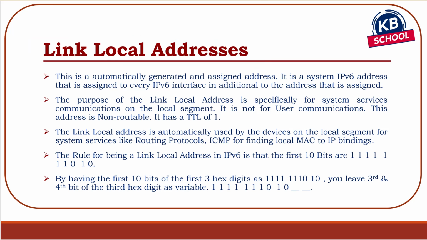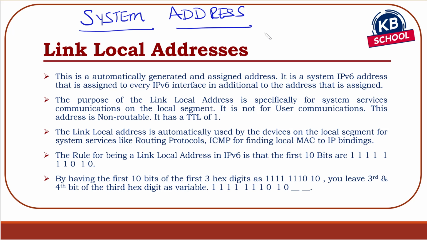This is a system address. First thing that you need to understand, the link local address is a system address. It is automatically assigned by the system, by the device.